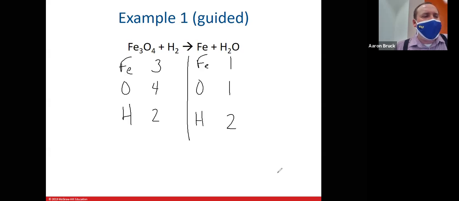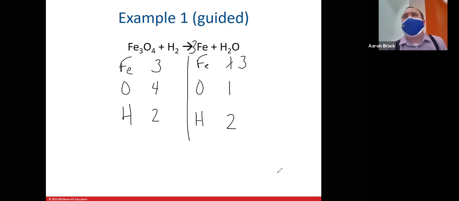Keeping in line with our tips and tricks, hydrogen and oxygen we're going to save for last. Let's worry about balancing the iron. Balancing the iron, very similar to our first introduction example. We're just going to put a coefficient of 3 in front of the iron, and I now have 3 iron atoms.